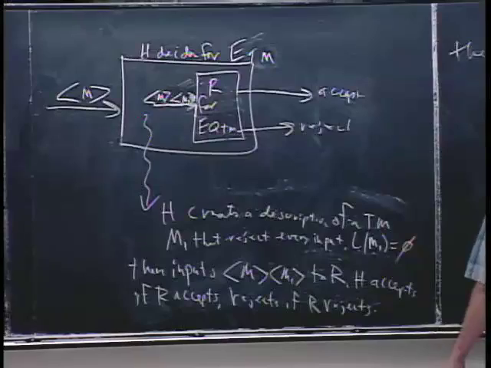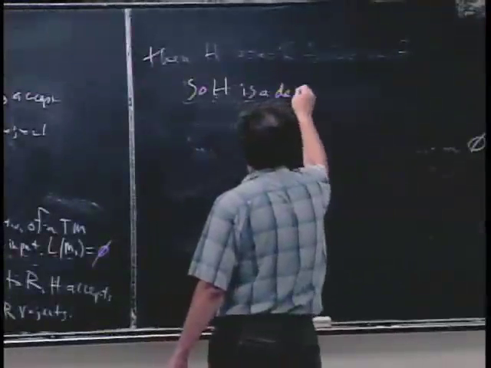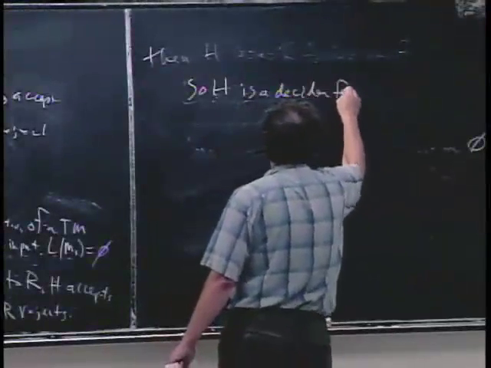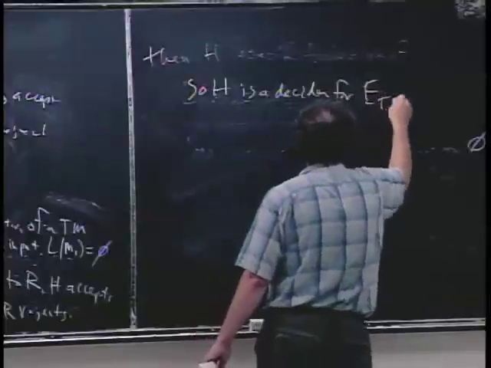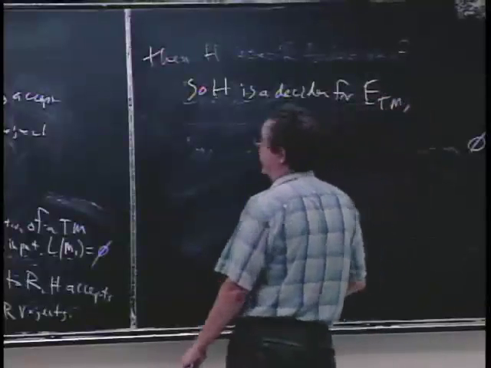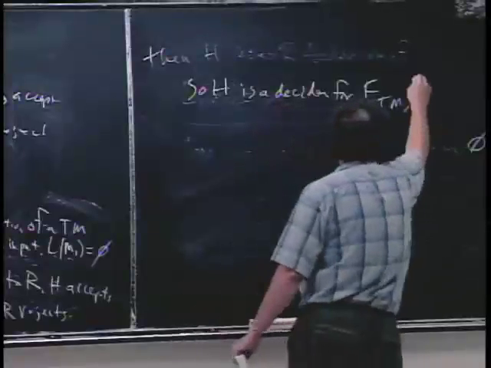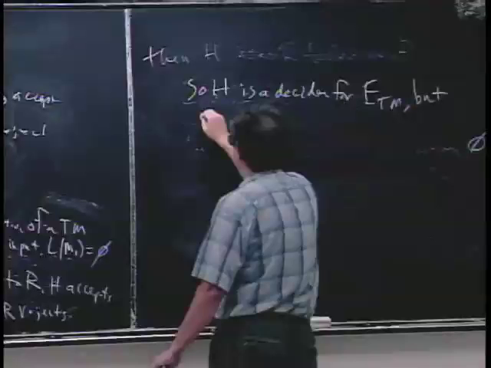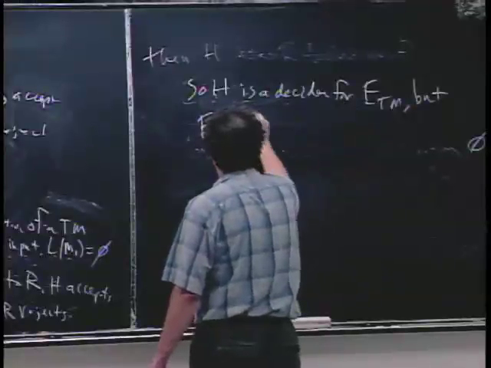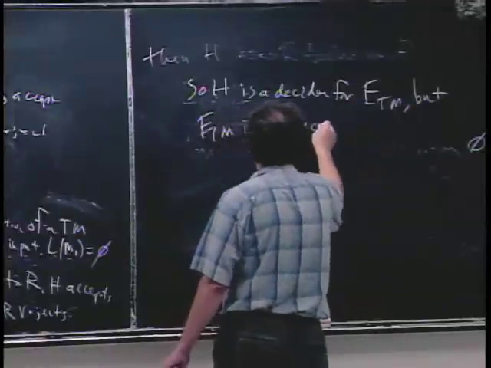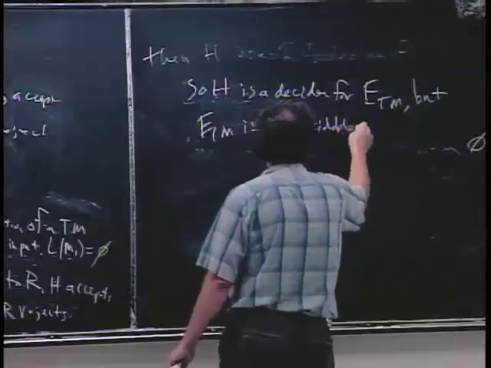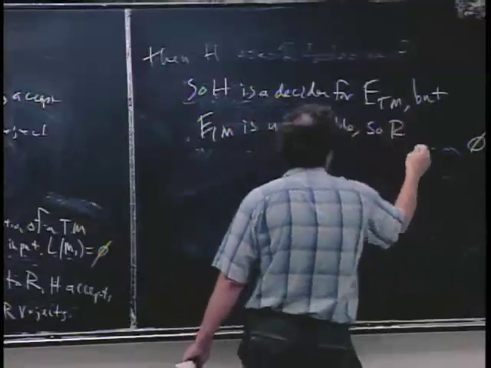So H is a decider for ETM, or H would be a decider for ETM if R exists. But ETM is undecidable, so R doesn't exist.